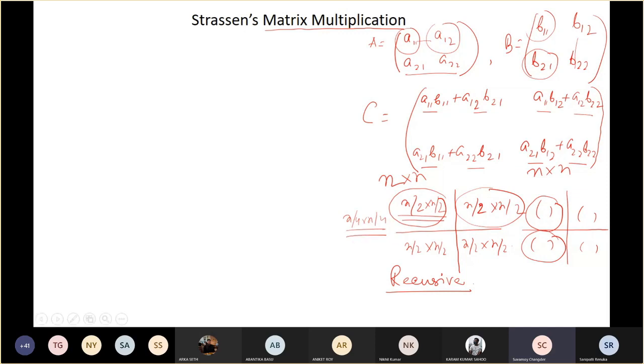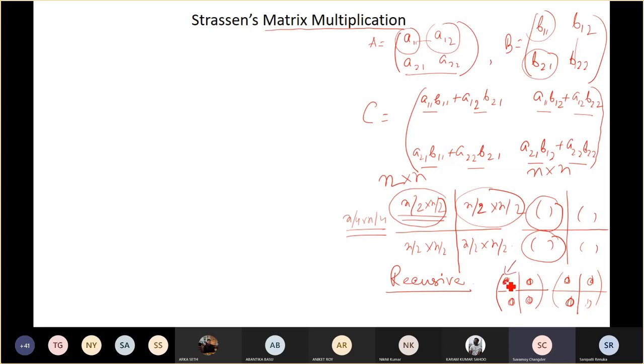And so on. So if we go on dividing the problem of matrix multiplication into sub problems, we will go on dividing till we reach single elements.